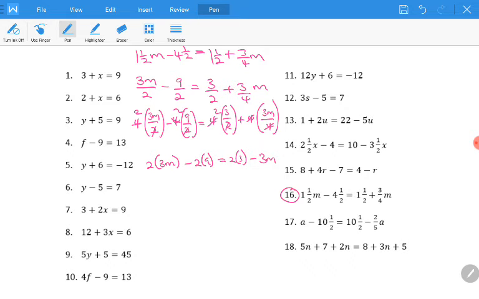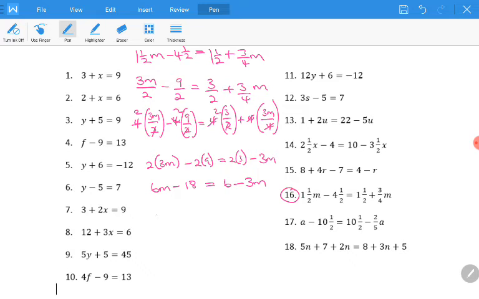And it's now simple to work with. So if I solve this one, it will become 6m minus 18, 2 times 9, that's 18, is equals to 2 times 3, this gives me 6 minus 3m.